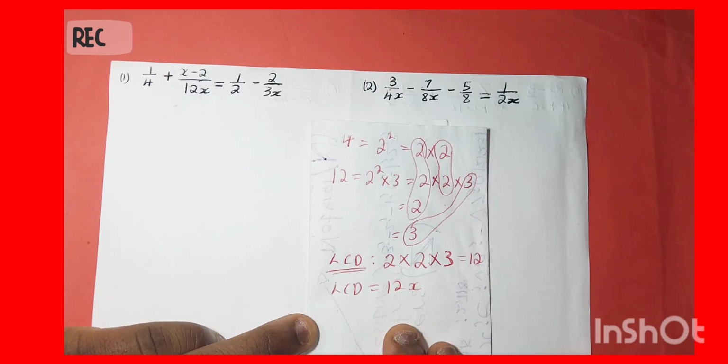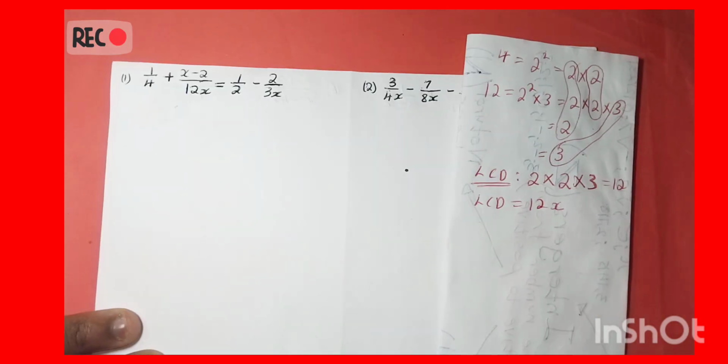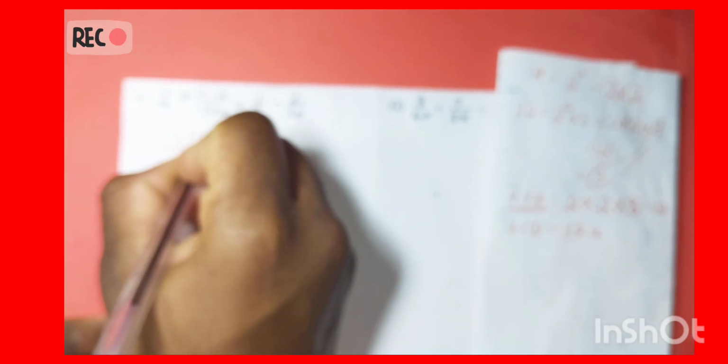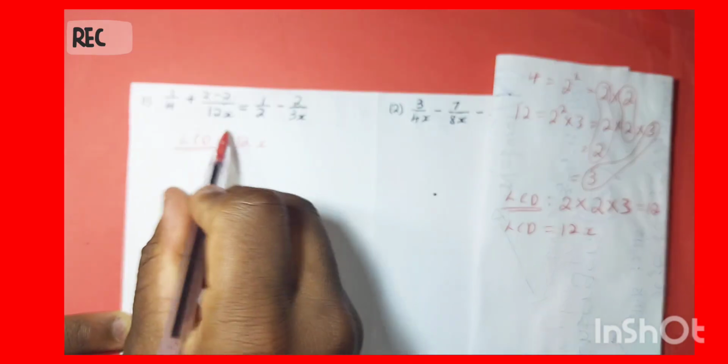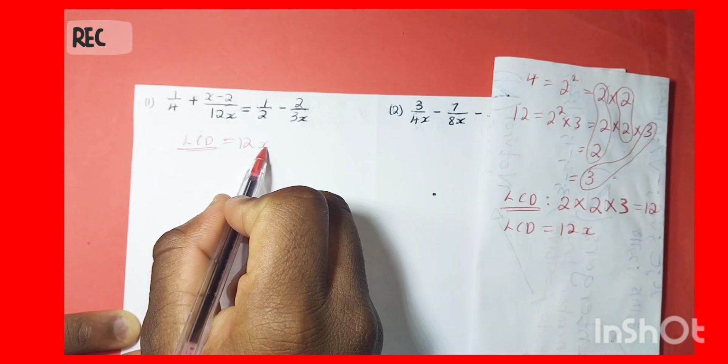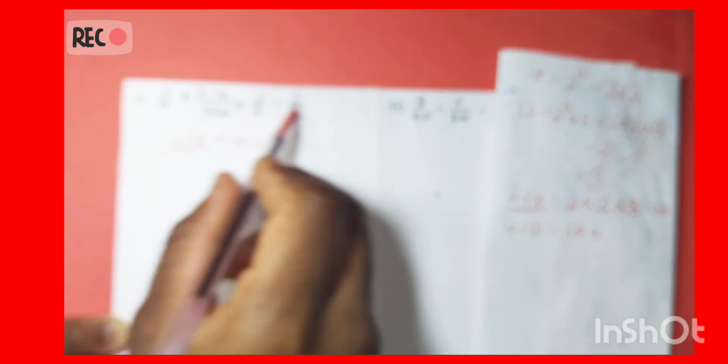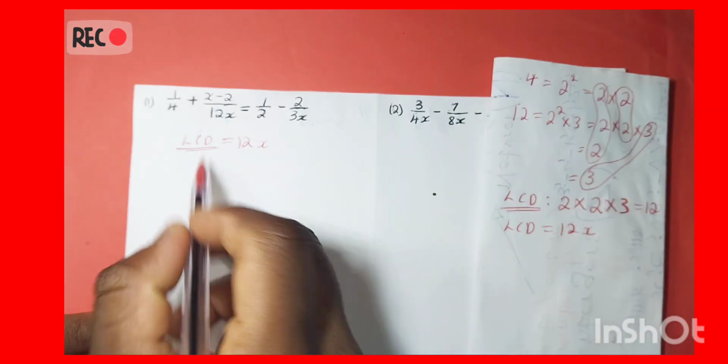So let's just do it down here. Let's say our LCD will become 12x. That x, you count it once now. Then let's take that 12x and multiply each term.